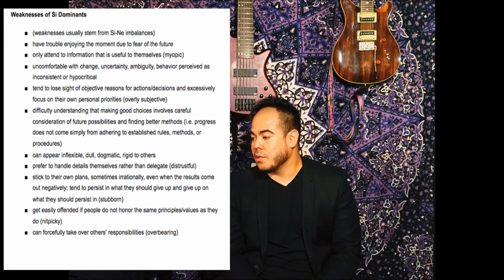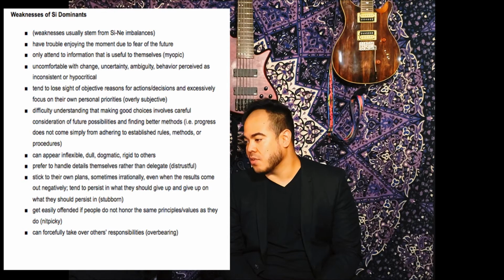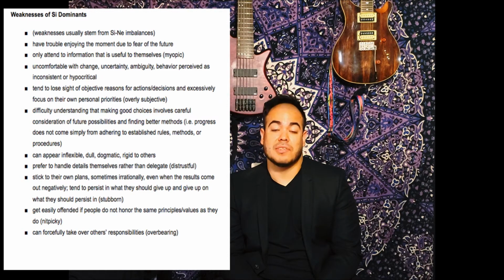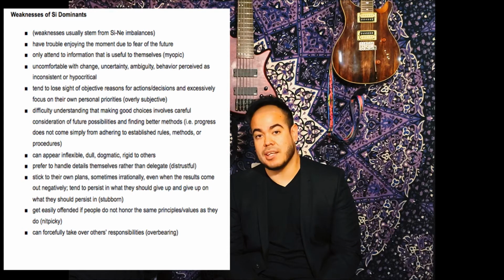Next point. Tend to lose sight of objective reasons for actions/decisions and excessively focus on their own personal priorities, overly subjective. This again can arrive from a letter J function that is so sharpened, meaning that the regimen that an ISTJ or an ISFJ can have can be so well and disciplined, yet the S function might overshadow other essentials and necessities that need to be done.